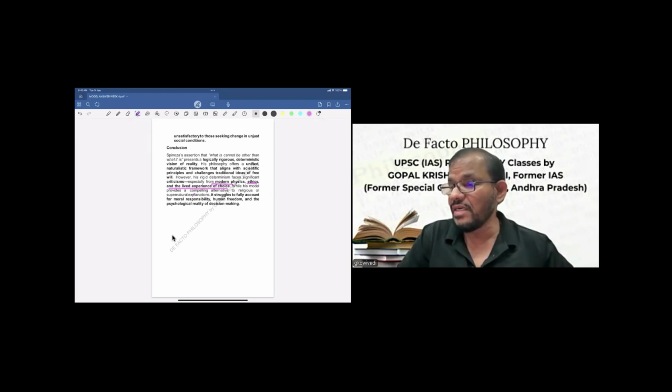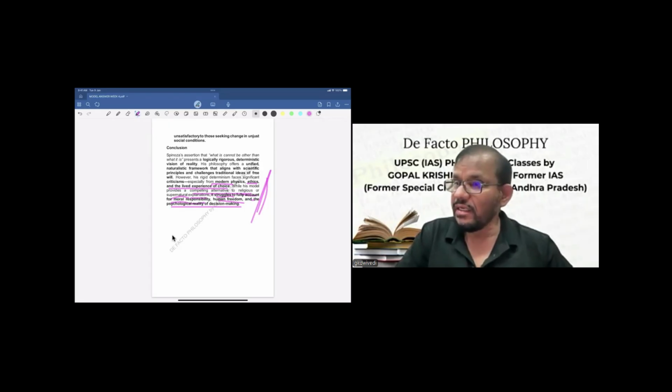While this model provides a compelling alternative to religious or supernatural explanations, it struggles to fully account for moral responsibility, human freedom, and the psychological reality of decision making. If we conclude with this kind of conclusion, our answer can be quite marks fetching in the real exam.